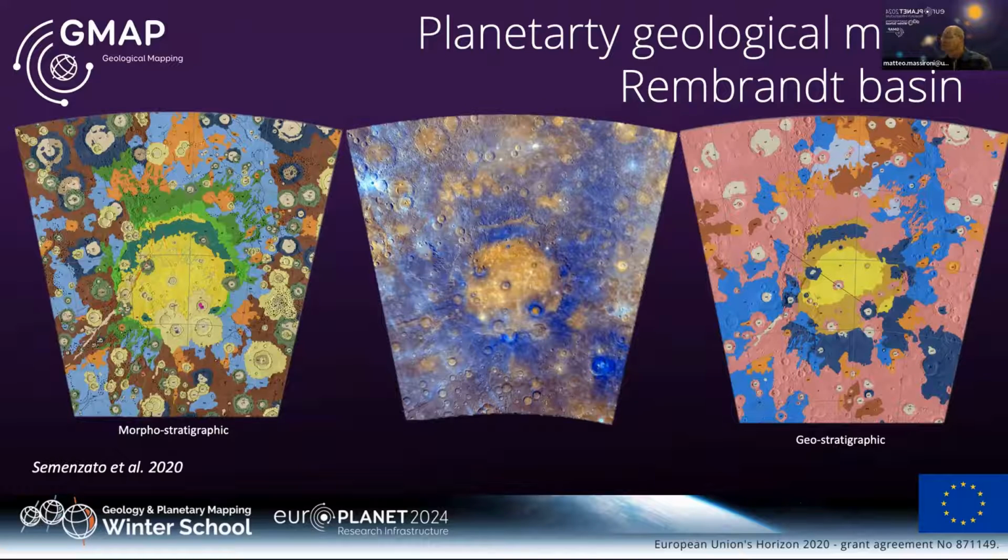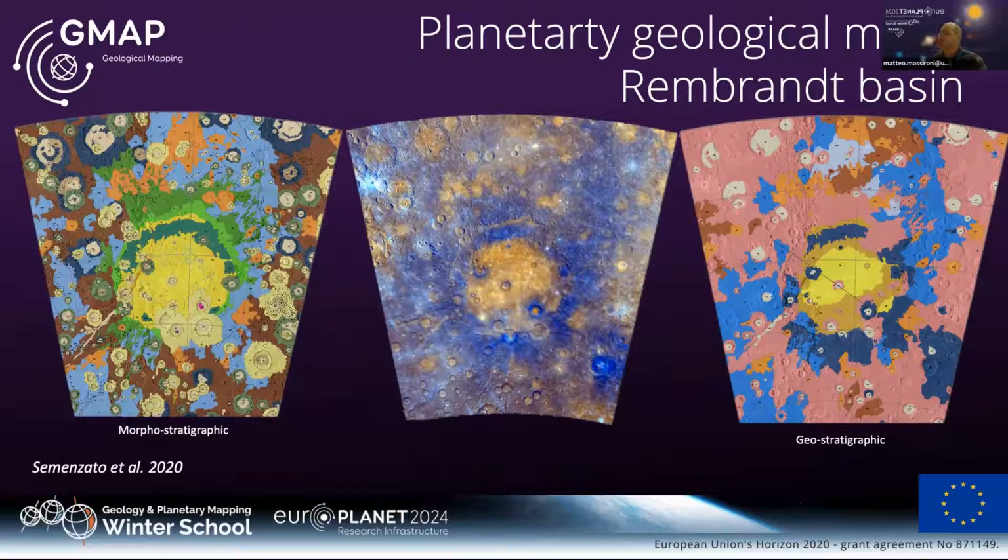And this is clearly visible, for example, here in Rembrandt Basin, Mercury, in which we see some craters here, here, and here that are exhuming some material which is blue. So we have this smooth plain, which is volcanic, and this blue material is underneath the volcanic material. And also we see some contact here between two different volcanic events. So we have different kinds of layers here that can be probed by craters, using the craters as boreholes, actually.